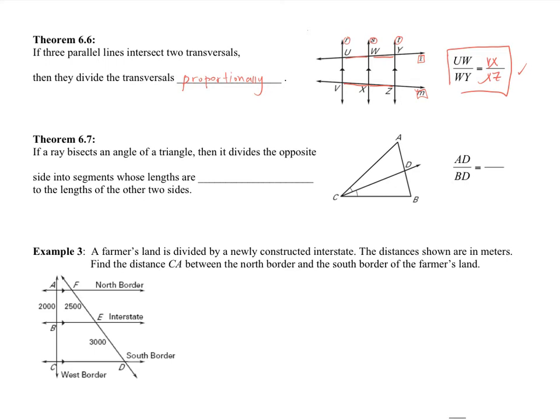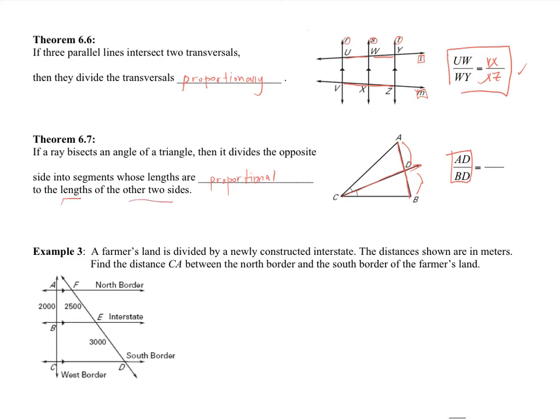And another theorem, 6.7: if a ray bisects an angle of a triangle, so this would be the ray, then it divides the opposite side, so the opposite side would be AB, into segments whose lengths are proportional, so AD to BD, as illustrated here, are proportional to the lengths of the other two sides.